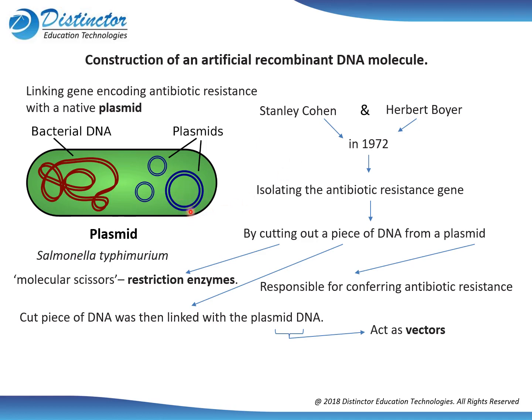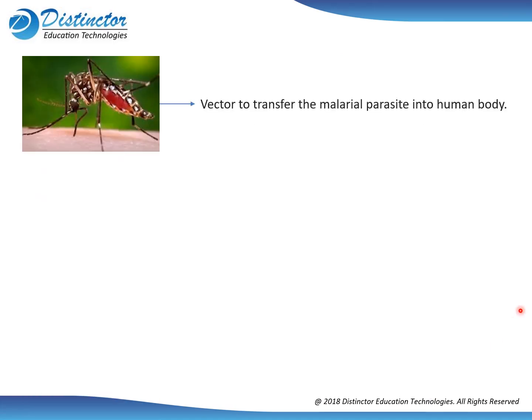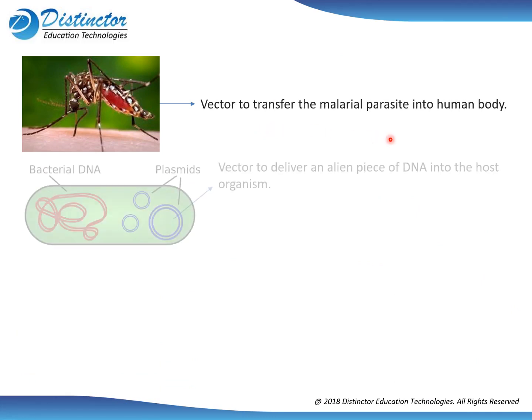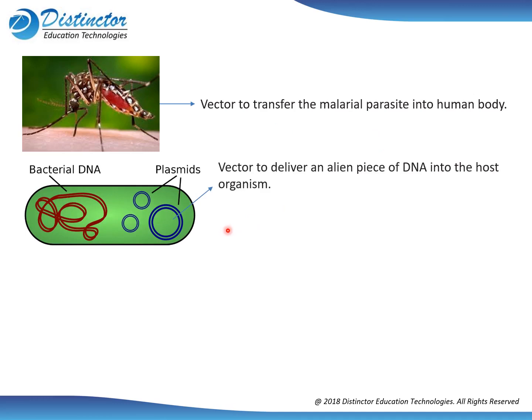It acts as a vector because it is used to carry a gene from one organism into another organism. So they transfer the piece of DNA which is attached to it. Some vectors, like mosquitoes, are used to transfer the malarial parasite into the human body. Some vectors are like a plasmid. The most important vector is a plasmid, which is used to deliver an alien piece of DNA into the host organism.